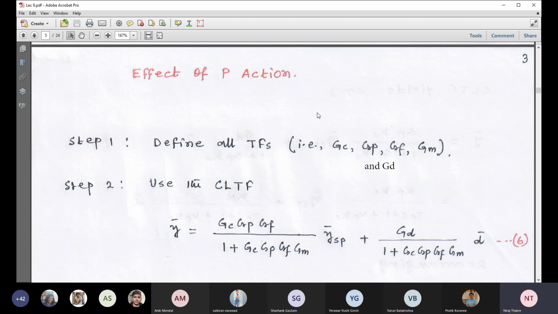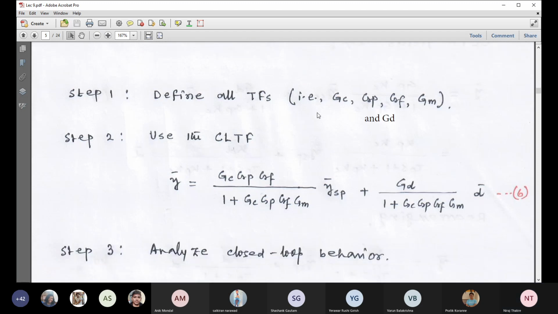In step 2, you use the closed loop transfer function, equation 6. If you know all 5 individual transfer functions from step 1, we can easily write the closed loop transfer function by the use of equation 6. And based on this equation 6, we will analyze the closed loop behavior.